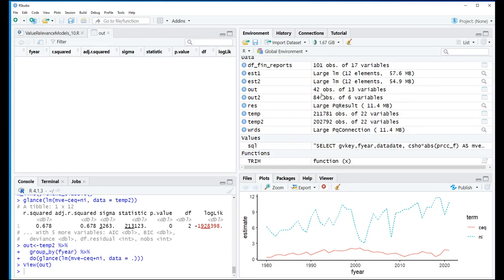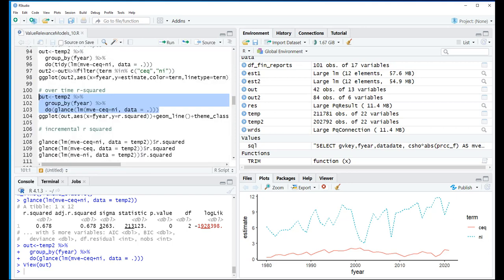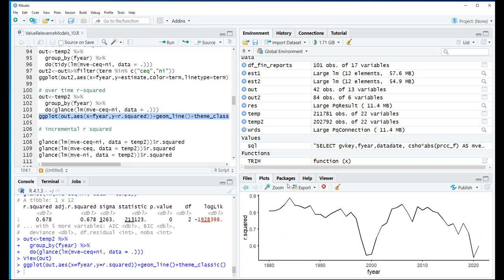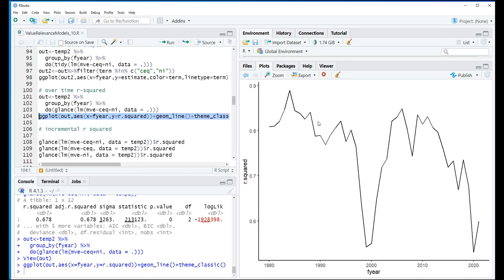So again, look up here and you see now it gives me for every regression, which is every year, the R-squared, and other stuff as well. So I can plot that instead. And what do we get? Well, we get a general downward trend. So the stock price was explained quite well in the early periods by this accounting information.